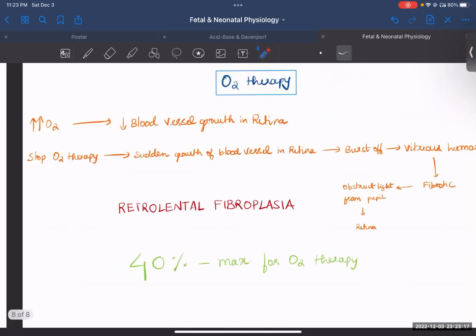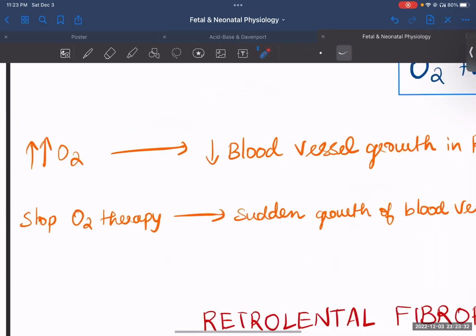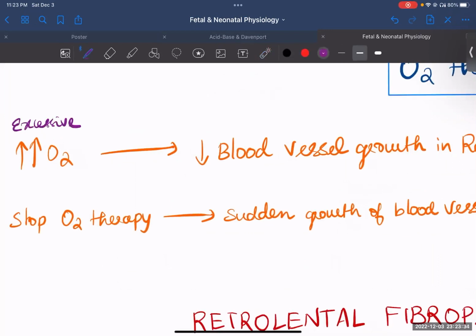Now, finally, oxygen therapy. This is a really interesting concept. Oxygen therapy is given to babies which have less oxygen saturation in their blood and need more oxygen to breathe. Now, sometimes excessive oxygen can be given, more than what is required.